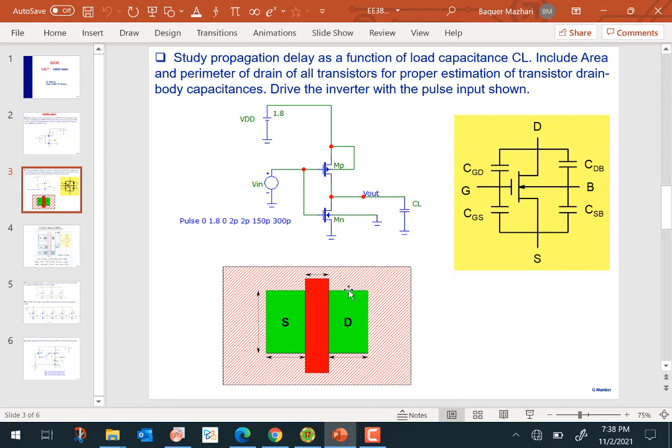That requires the perimeter. So you need the perimeter and the area to calculate the drain to body capacitance. The gate to source capacitance is calculated from the length and width information that we've already entered, and similarly the gate to drain capacitance. But to calculate the drain to body capacitance, you have to specify the area of the drain and the perimeter of the drain.